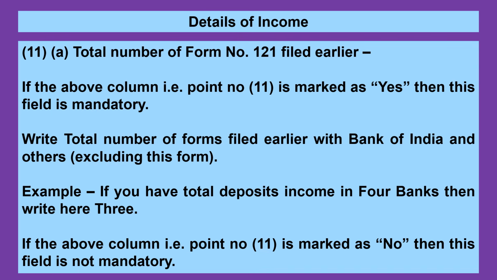If the above column, that is point number 11, is marked as yes, then this field is mandatory. Write the total number of forms filed earlier with Bank of India and others, excluding this form. Example, if you have deposits income in 4 banks, then write here 3. If point number 11 is marked as no, then this field is not mandatory.